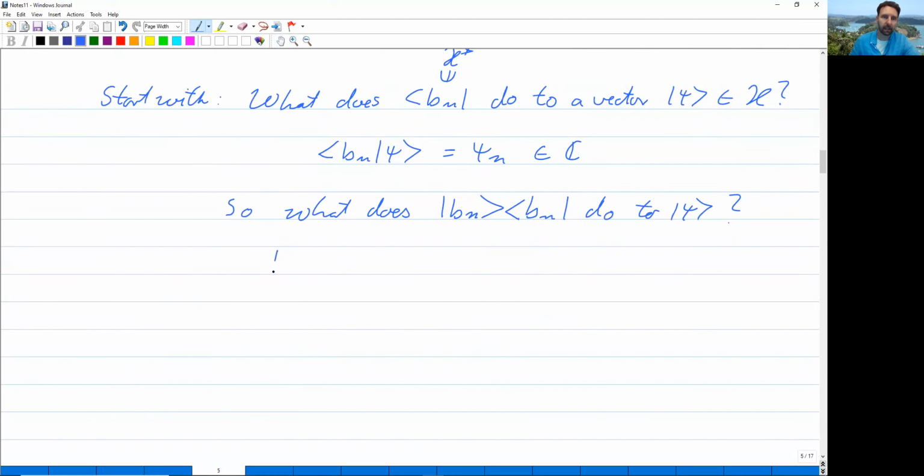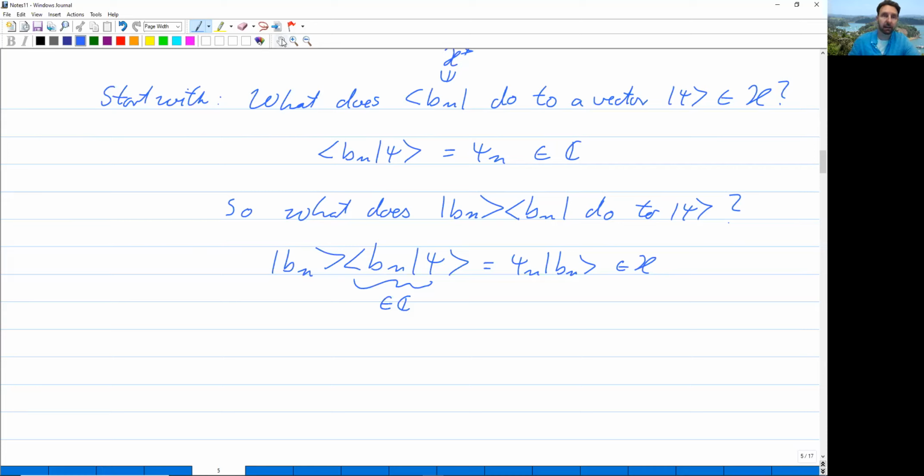Straightforward. ⟨Bn|ψ⟩ is an element of C, a complex number, right? So this whole thing here, which is ψn Bn, is an element of the Hilbert space. It is just a multiple of the vector Bn.